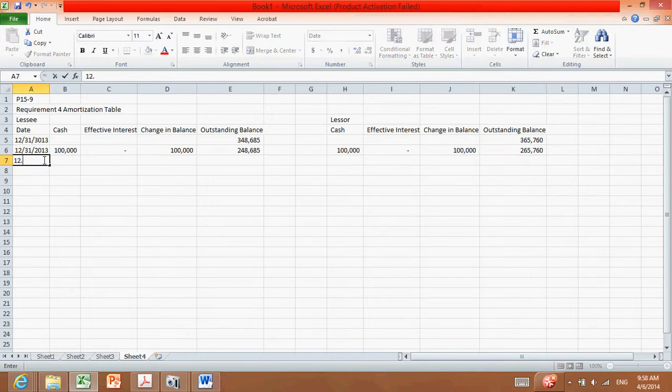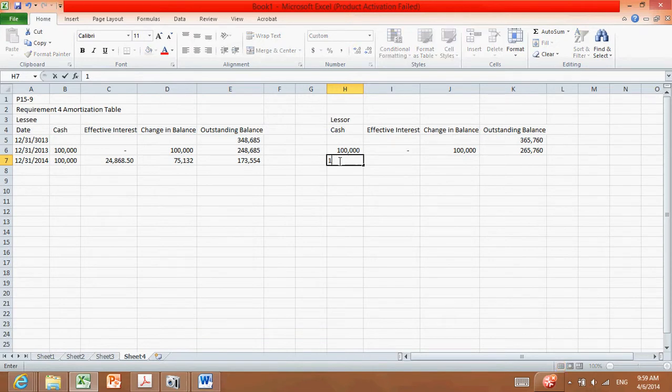Next payment, 2014, 100,000 again, but now one year of interest should be accrued, at 10%. And the difference between the cash payment and interest accrued is the decrease of the lease payable. So the new outstanding balance is this on December 31st of 2014.